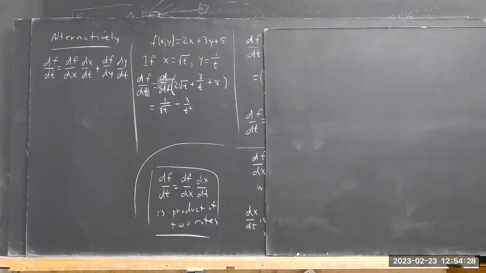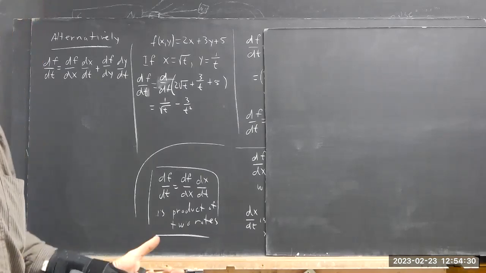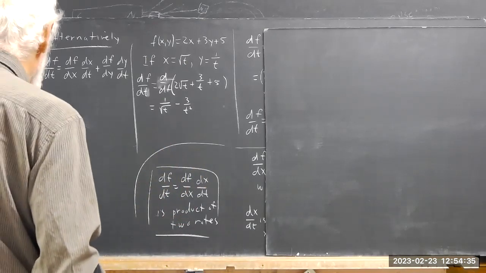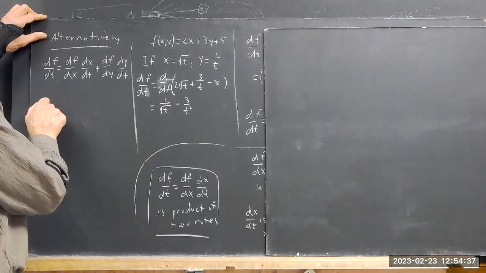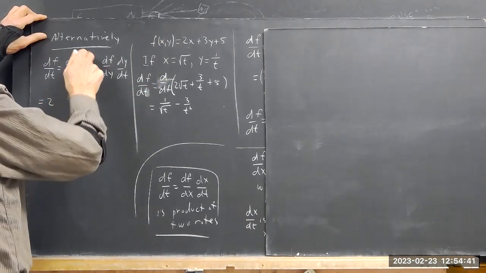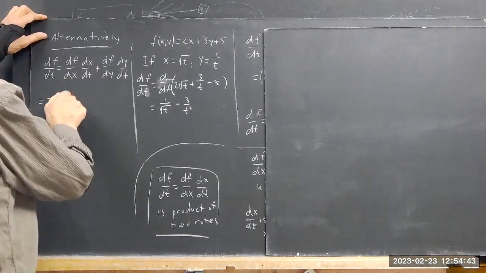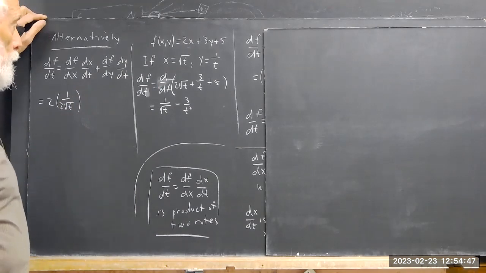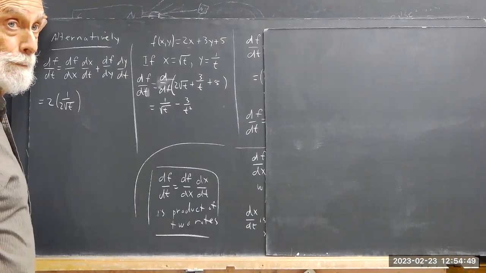Okay, so if you do this, it's probably 25% of your assignment, maybe even a little more. It's straightforward. df/dx is 2, and dx/dt is 1/(2 square root of t), right?